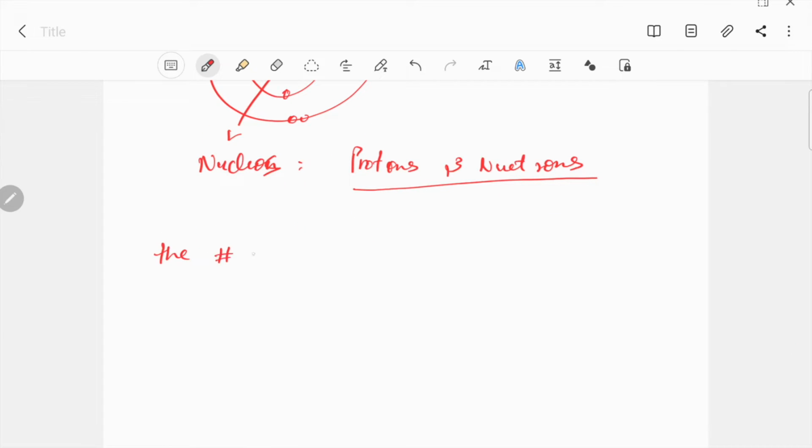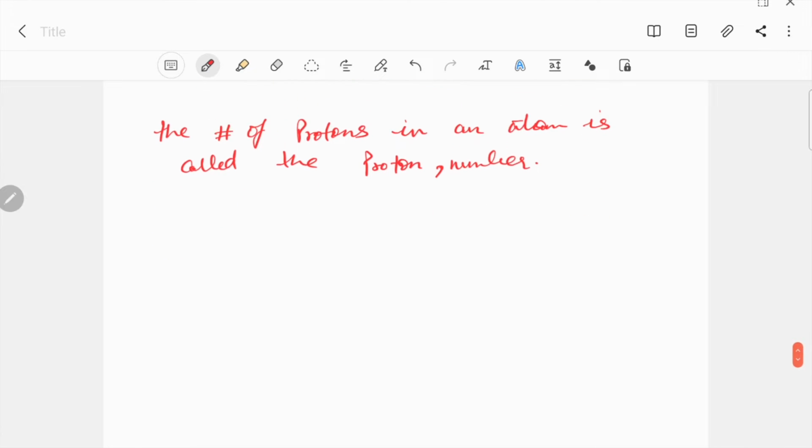So the number of protons in an atom is called the proton number. और एक एटम का प्रोटॉन नंबर दूसरे एटम से डिफरेंट होता है. So it can be easily used to identify an element or an atom in the periodic table.